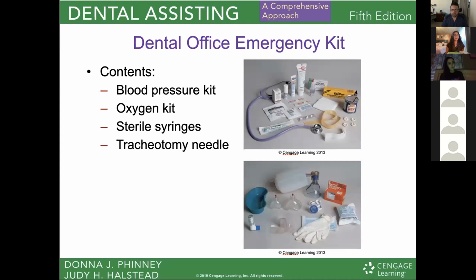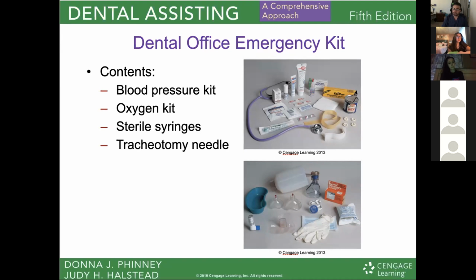These are just a few different examples of what an emergency kit should have. Every kit should have a blood pressure kit, an oxygen kit, whether it's an Ambu bag, which is what we see here in this photo, or an actual oxygen cart. You want to have some sterile syringes available in case the doctor needs to administer some type of medication intravenously. You want to have a tracheotomy needle.